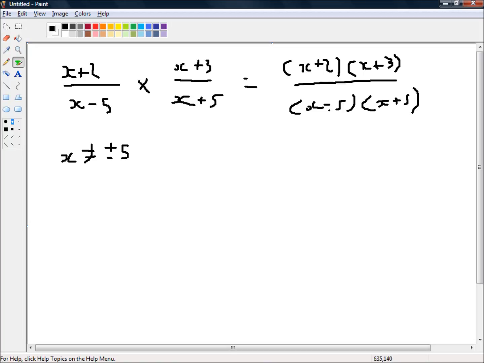And then if we like, we can expand out the brackets, so that's equal to x squared plus, well, we've got 2 times x is 2x, and then we've got x times 3 is 3x, 2x plus 3x is 5x, and then 2 times 3 is 6, so that's plus 6. And that's over, again, the bottom is just difference of 2 squares, so that's x squared minus 25.